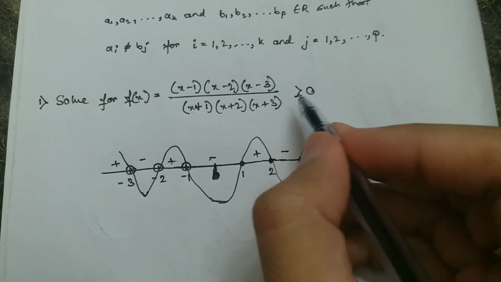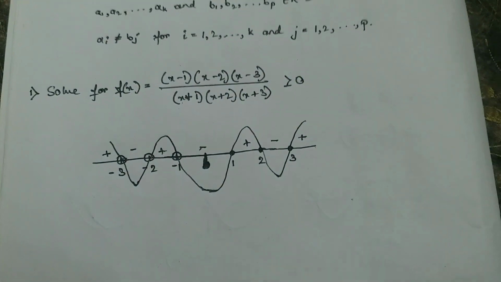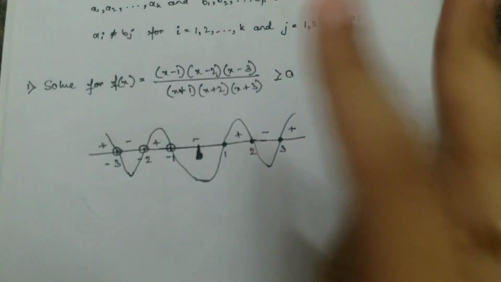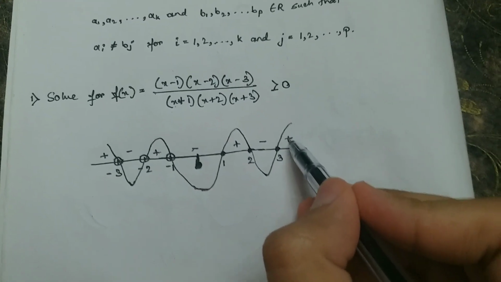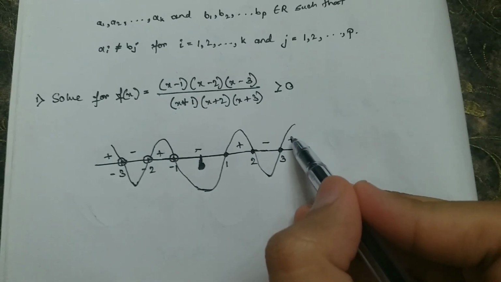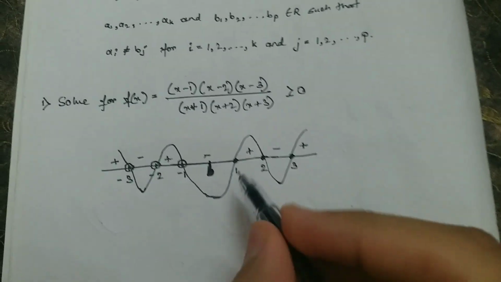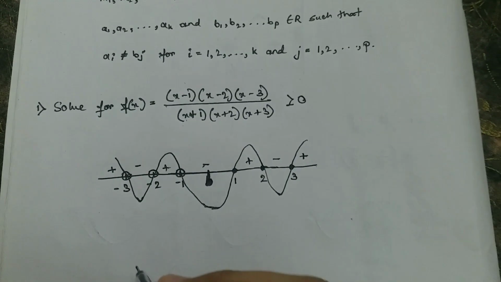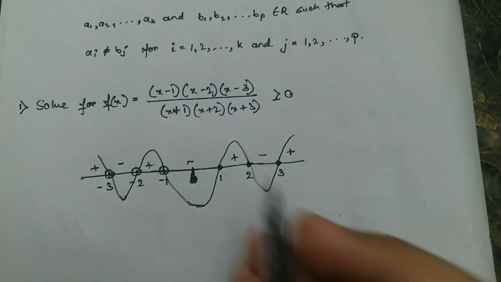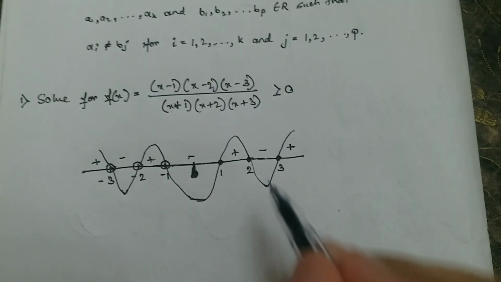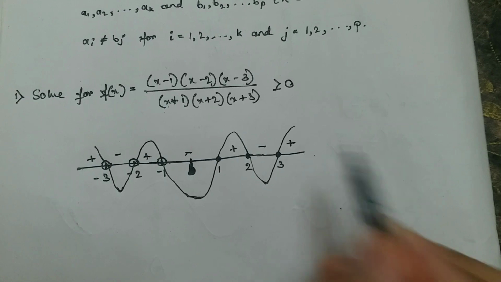So now this inequality is given greater than or equal to 0. Now just ignore the equals for the moment. Since it's greater than 0, we will take only those places where we have written the plus sign. So where we have written plus sign, let's see: before -3, between -2 and -1, between 1 and 2, and after 3.